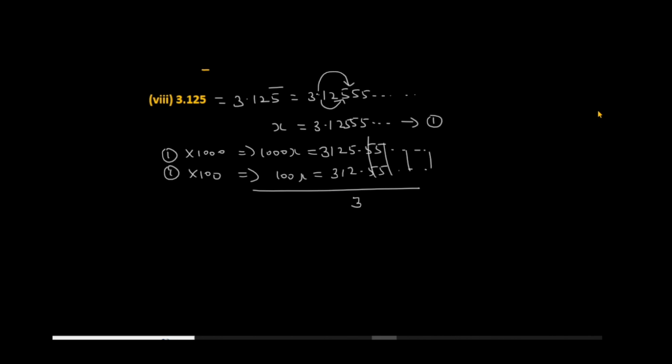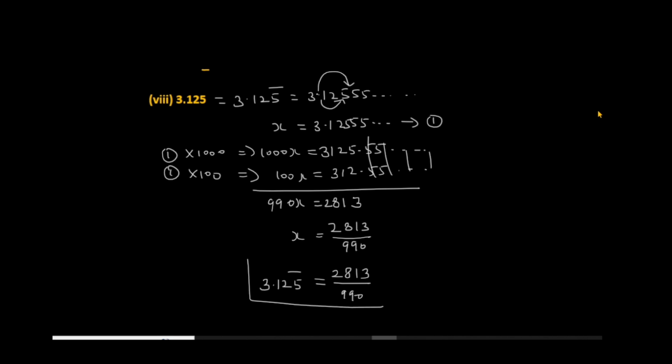Then 3125 minus 312 is 2813, so 990x. So x is nothing but 2813 divided by 990. It is already in the lowest form, no need to reduce it. This is the p by q form of the given number.